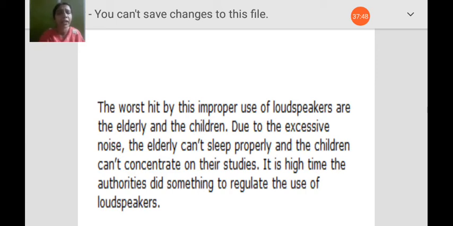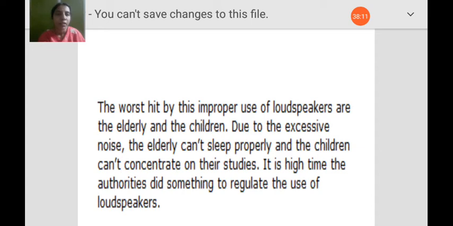And in the end line, look at the last line. It is high time the authorities did something to regulate the use of loudspeakers. We can't direct the editors to regulate. So, just simply we are saying it this way.